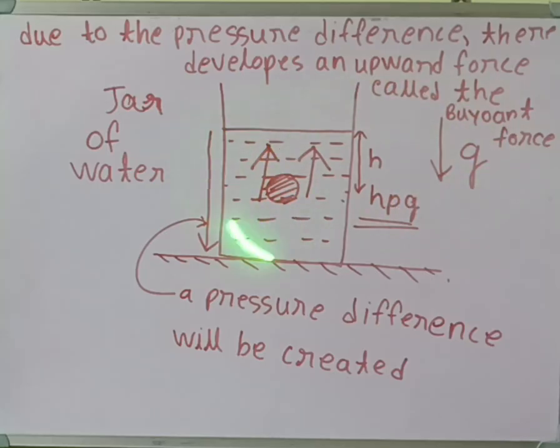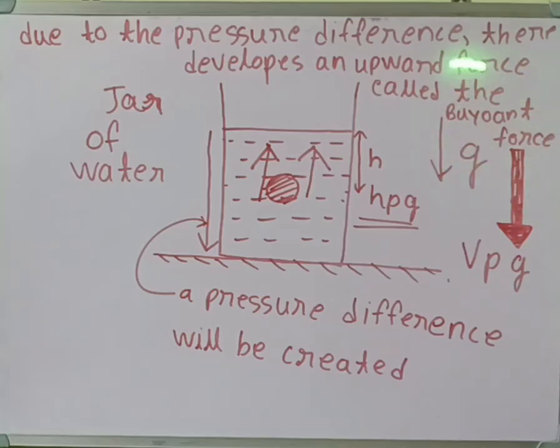This buoyant force acts on the body and pushes the body up. Now, why am I calling it upward? Actually, the direction of this force is opposite to the gravitational acceleration. That's why I am calling it upward. In a more general sense, I can say this buoyant force is pushing the body against the force of gravity.